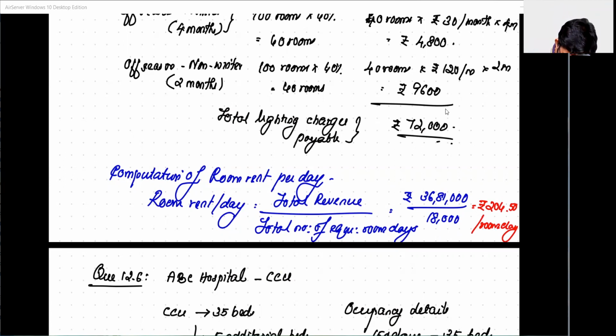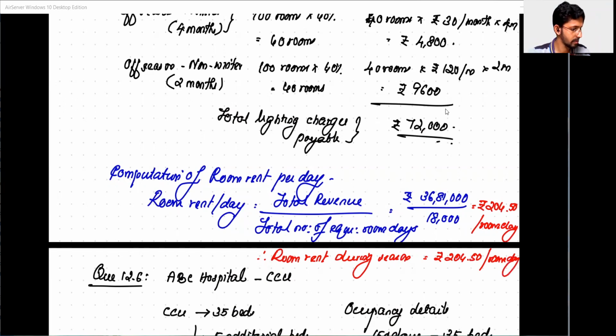So therefore room rent during season is equal to rupees 204.50 per room day, whereas room rent during off season is equal to 204.5 divided by 2.